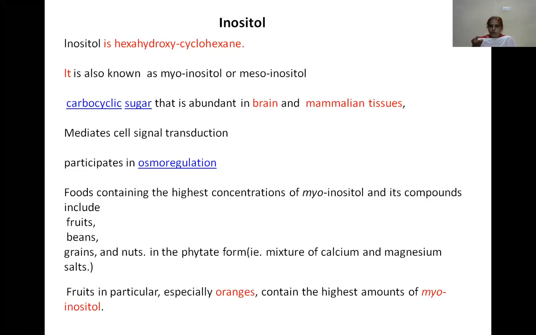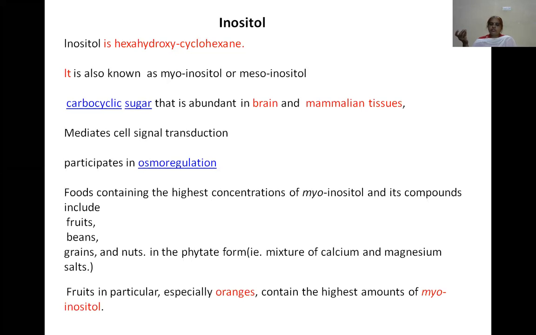So inositol is also known as myo-inositol or meso-inositol, because it exists as 9 isomers. Out of these 9, myo-inositol and meso-inositol are the most important. Myo-inositol is involved in osmoregulation and mediates cell signal transduction.